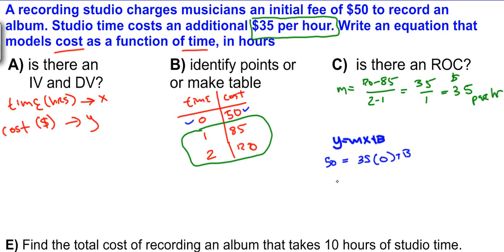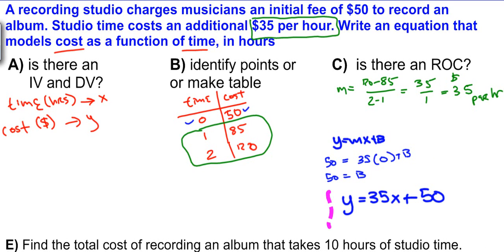That's pretty easy. That's just 50 equals b. And some of you might have even realized that this was your y-intercept because my x value was 0. Either way, your final equation is going to be y equals 35x plus 50. And that is the equation that they're looking for.